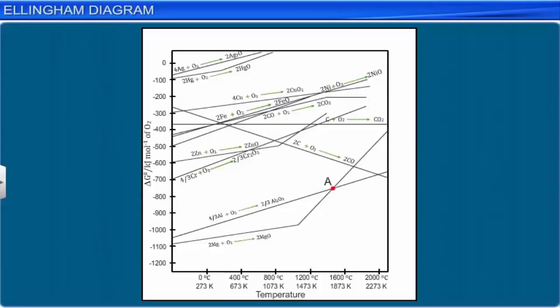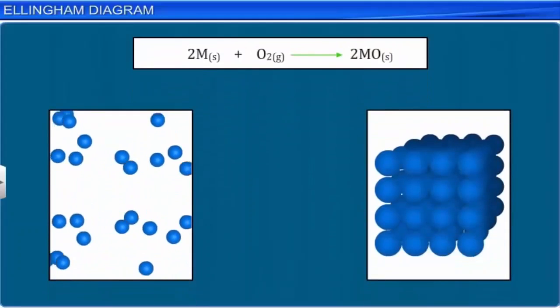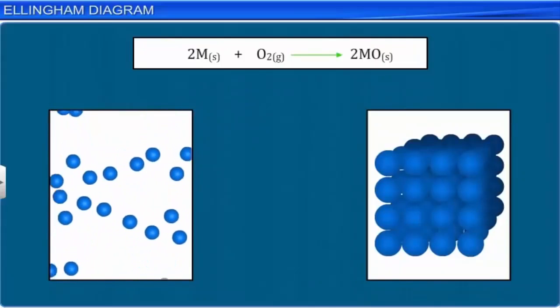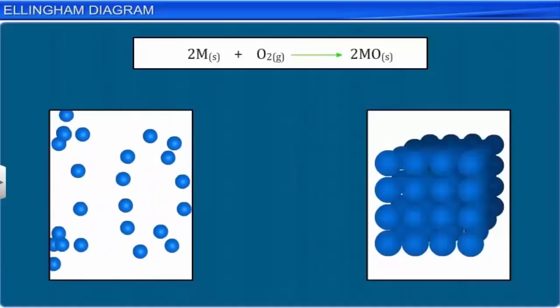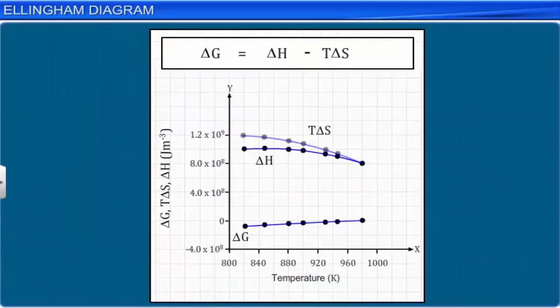The first feature is that the graphs for most metal-to-metal oxide reactions show a positive slope. Consider a reaction such as the formation of an oxide, 2M + O2 gives 2MO. In this reaction, the entropy or randomness decreases from left to right due to the consumption of gases. Hence, delta S becomes negative.